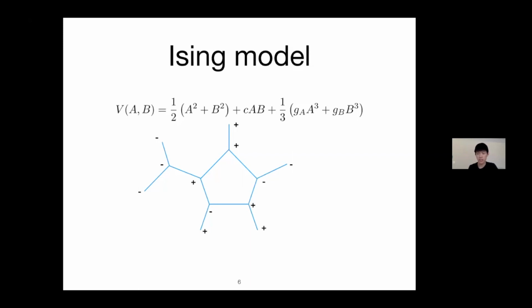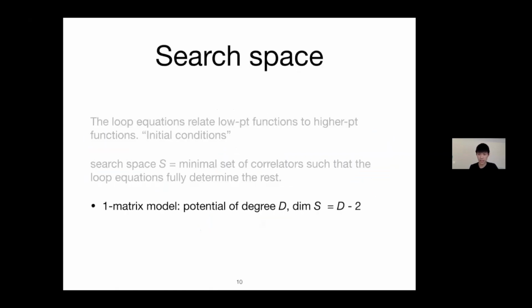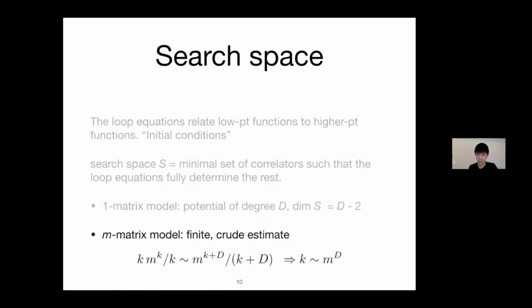I had this crude argument for why there should be a finite number, and indeed I was extremely worried about this in the beginning, but empirically it seems to be finite, and somewhat less empirically, there's this crude argument where although it's true that the number of correlation functions is growing exponentially, it's also true that the number of loop equations is also growing exponentially, and at a rate that is slightly faster.